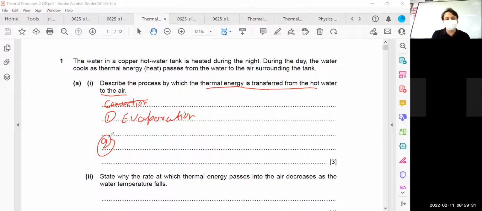Second point you can say, as it is a copper tank, copper is the best conductor, so the container gets heated, the walls get heated, and some heat energy may be lost due to the conduction process or through the emission of radiations from the copper side of the container.